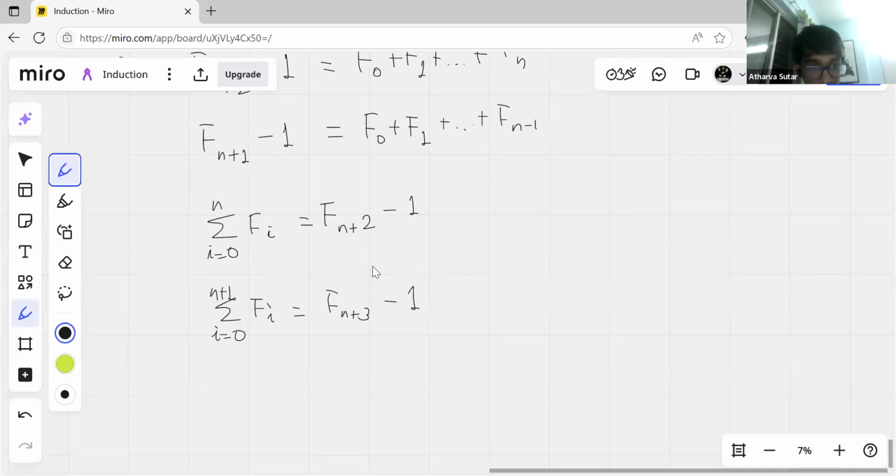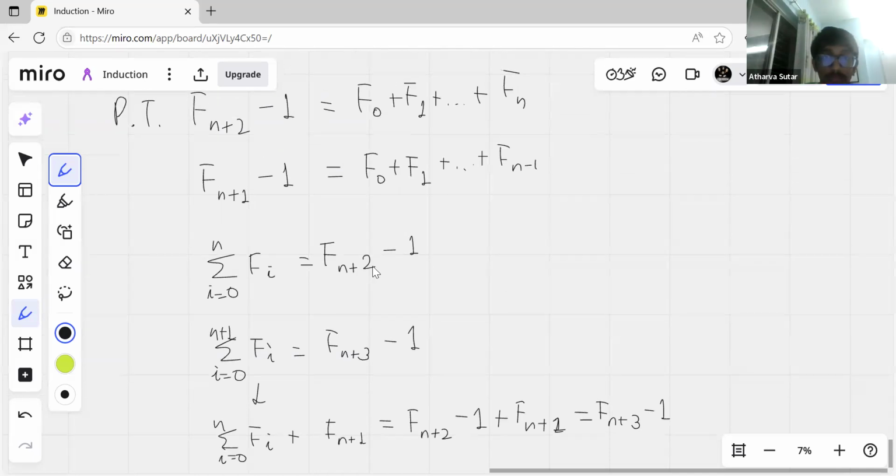So what you will do is you basically notice that this is equal to this, right? And we have already that this is equal to f of n plus 2 minus 1 plus f of n plus 1. And so you get what we wanted to prove. So basically the transposition of f of n is basically the reverse of whatever this is.